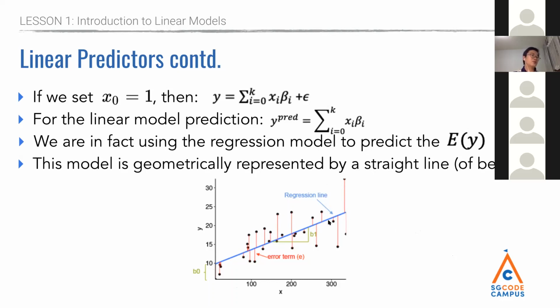All the predicted values are on the line. Say, if it's 300, I predict the y should be 20. If the y we collect from the data for 300 is not 20, then it's here. The difference is the red line. So we add all the red line values together.